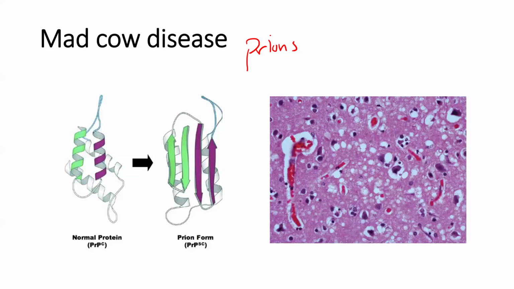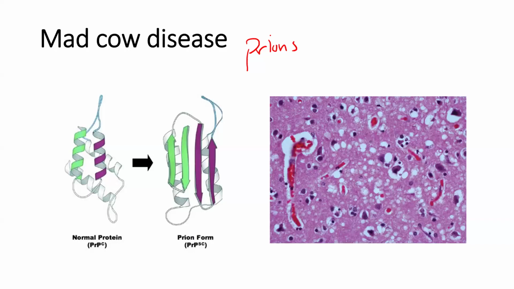For mad cow disease, the cow would have a misfolded version of this protein. Instead of having the helices, now it has the beta sheet in its fold. And what happens is, as soon as you have a misfolded protein, this is like a bad influence. It will go find normal proteins and cause them to be misfolded.